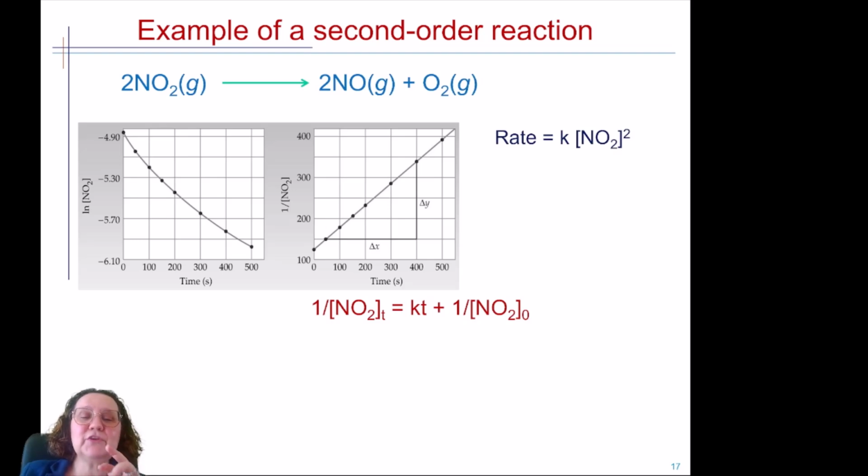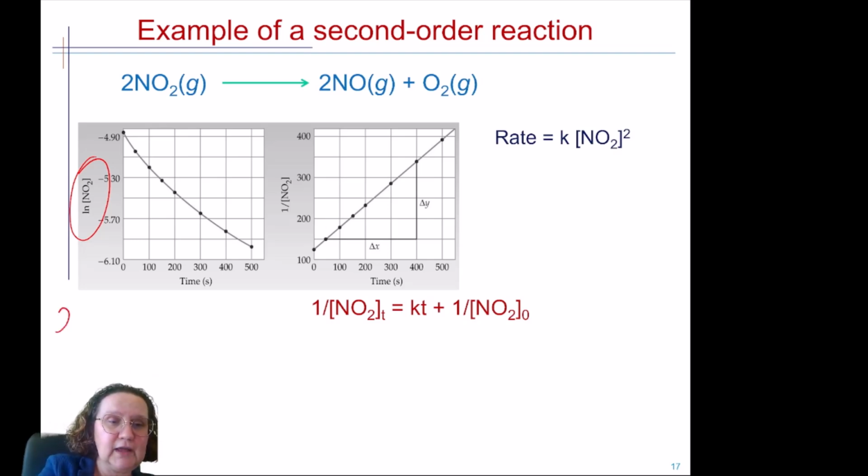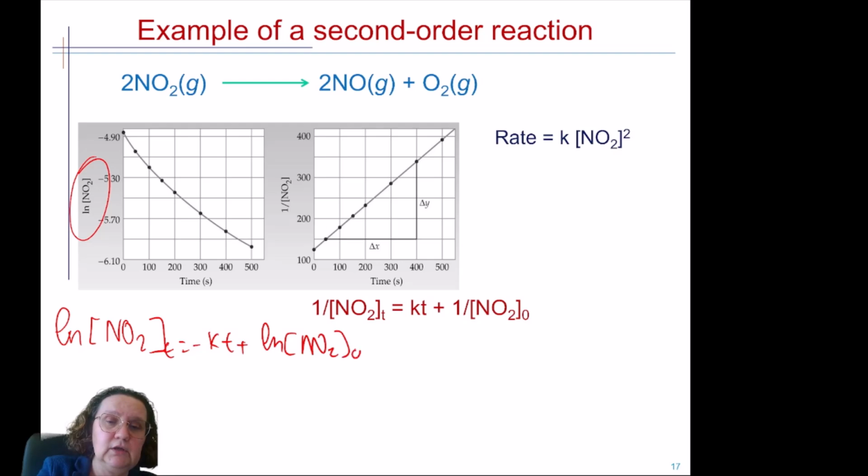When I represent the log in base e of the concentration of nitrogen dioxide versus time, it doesn't give a straight line. I try to apply the equation for the first order reaction, minus kt plus log of the concentration of NO2 at the beginning.